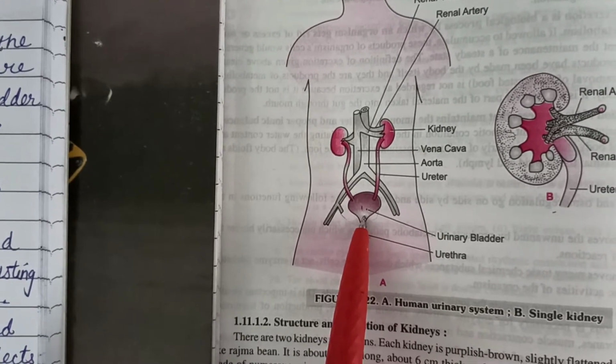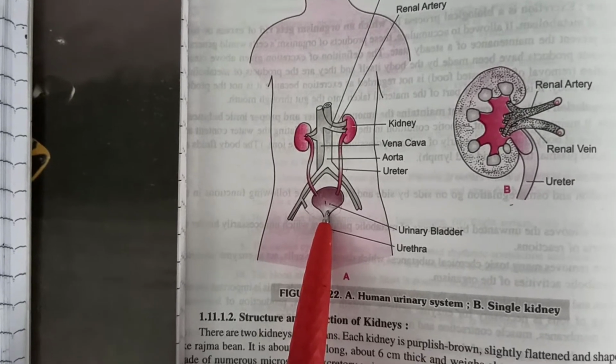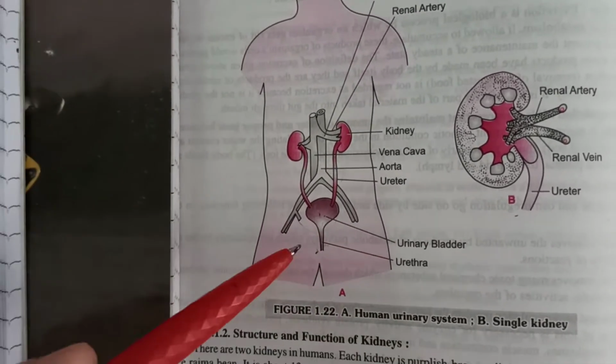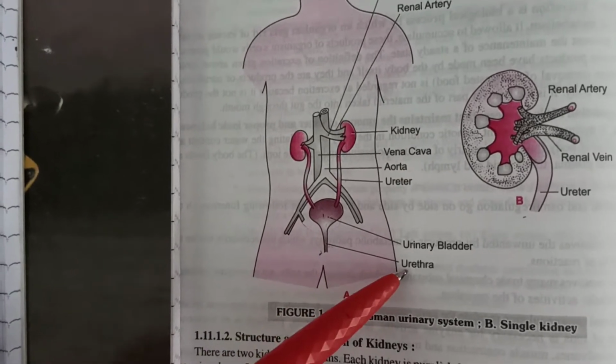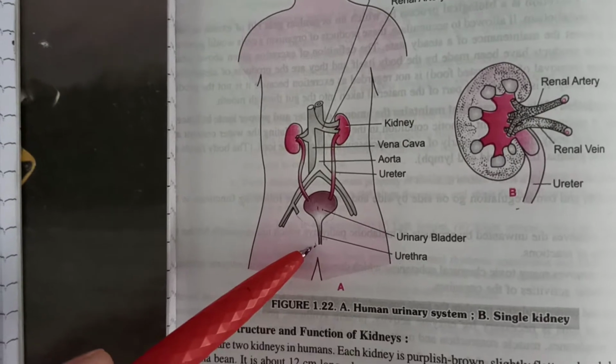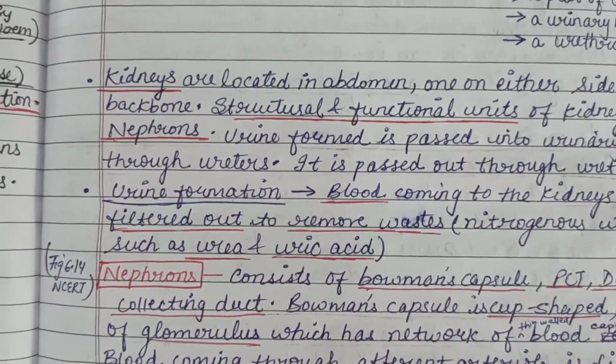The wall of the bladder is extensible and flexible, it can store urine temporarily for some time, and when there is an urge to pass out urine, it is passed out through the urethra, and the opening of the urethra is guarded by a sphincter muscle.